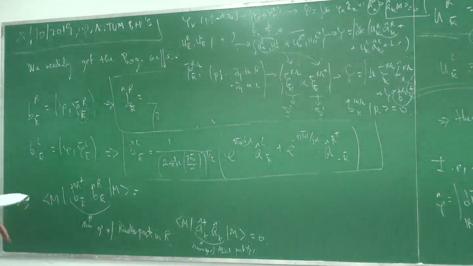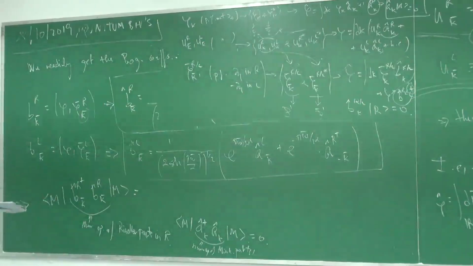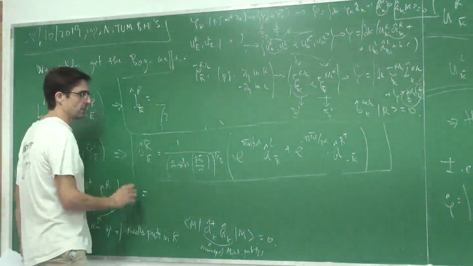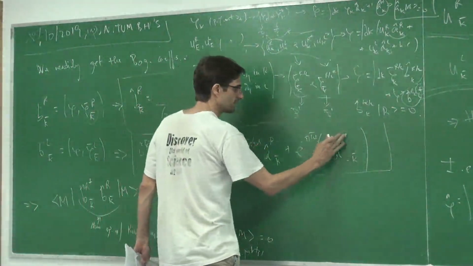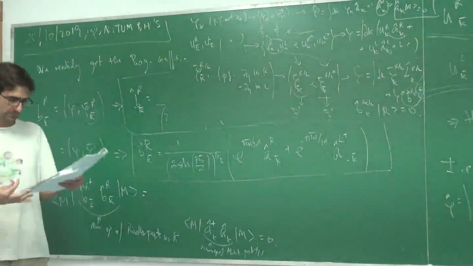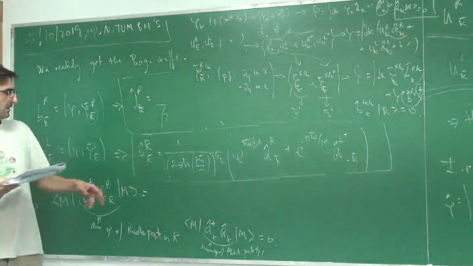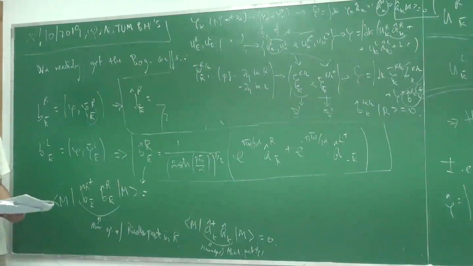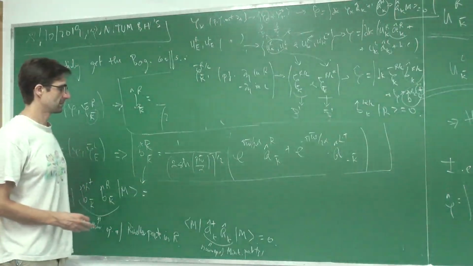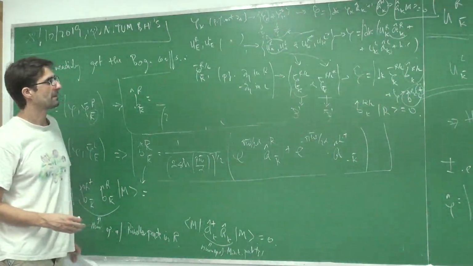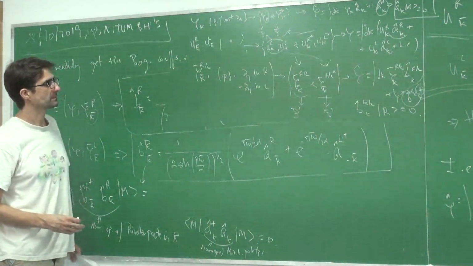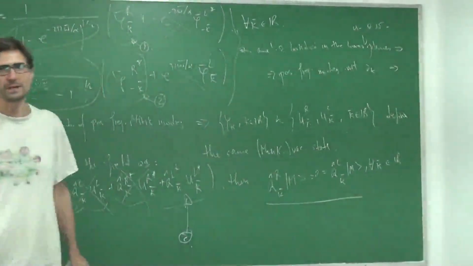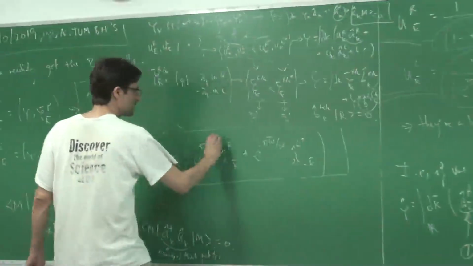Okay, so we're acting. I've just deleted it, but for the left one, you just swap R and L. So now you act upon the Minkowski vacuum, and use that the Minkowski vacuum is annihilated by these guys, so this will give you 0.